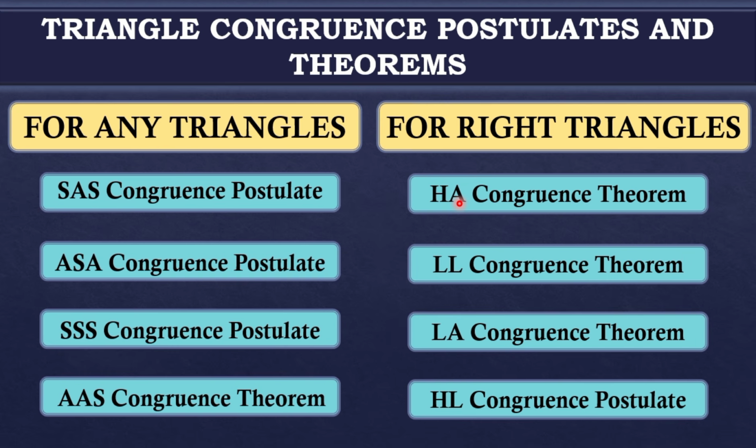So, ang kailangan na lang po natin kapag right triangle po ang ating triangle, two parts na lang po to prove that the two triangles are congruent. So, again, here we need three parts. Here we only need two parts if your triangles are right triangles.